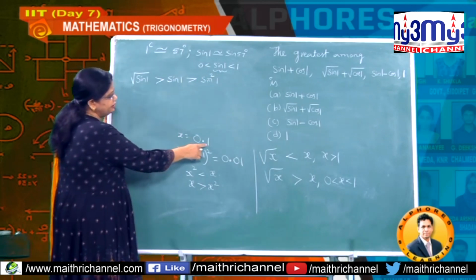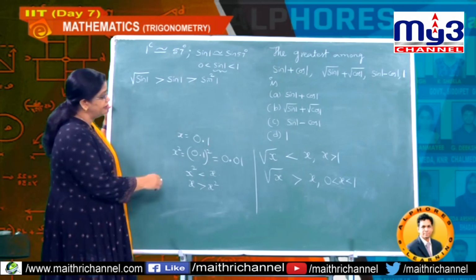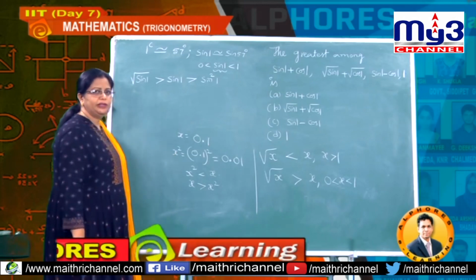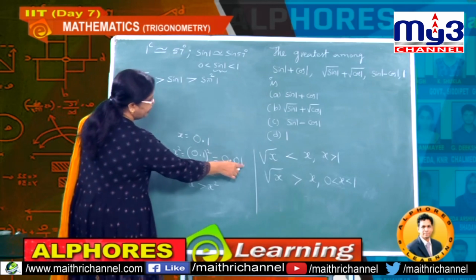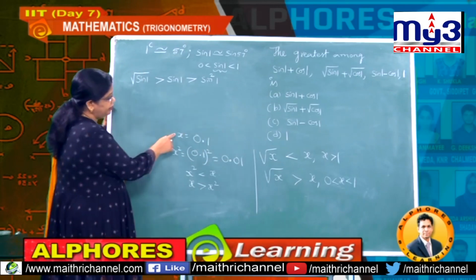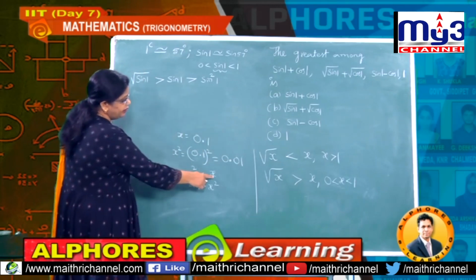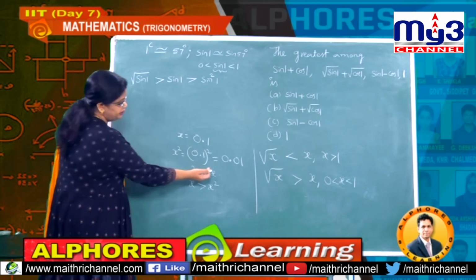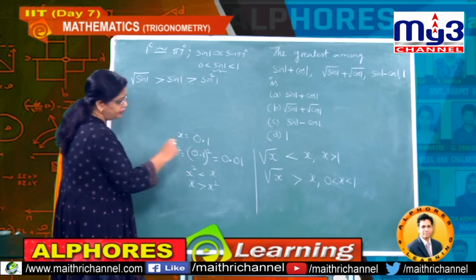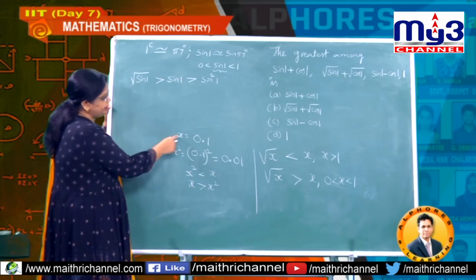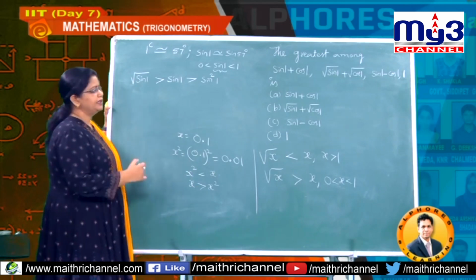Observe the x value 0.1, which is less than 1. x square is 0.01. Understand? That means x square is less than x. If you reverse it, x is greater than x square. This is all when x values are less than 1.